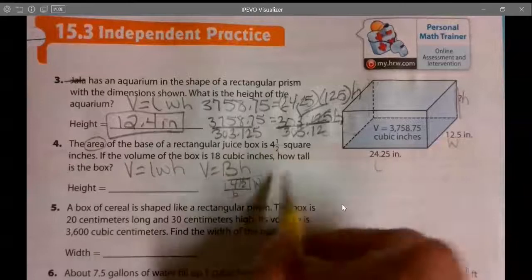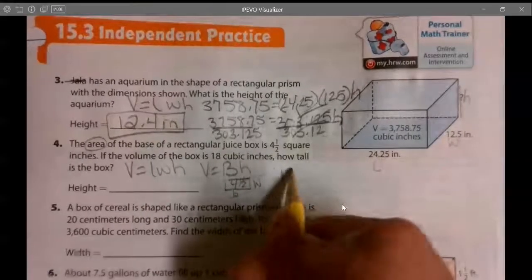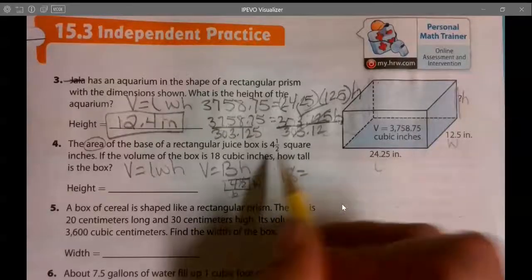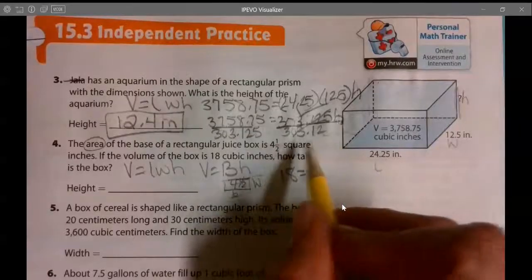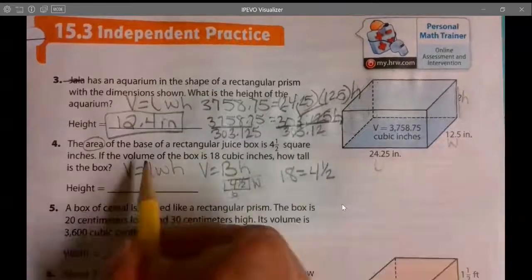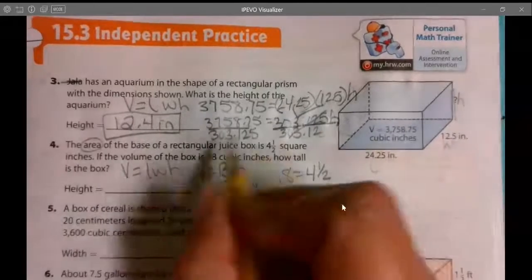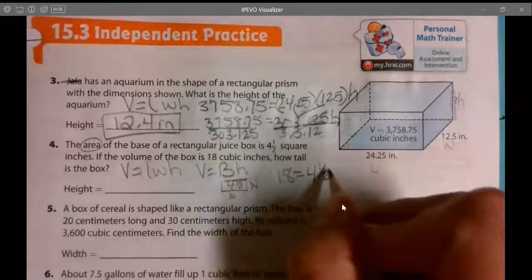So all I have to do is write the volume. Well, what is the volume? The volume is 18 cubic inches, and then the area is 4.5. So remember, this 4.5 has already been multiplied, or it has the length and the width multiplied together, equal 4.5. And then how tall is it? What's the height?